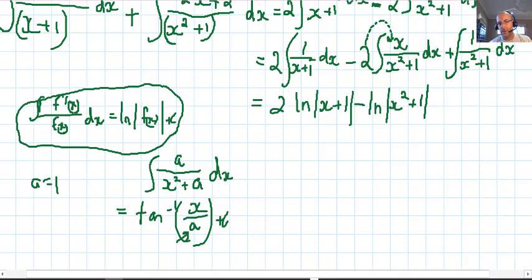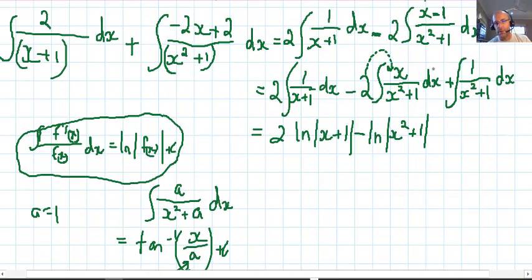now hold on, I've just missed a 2 here too. Now that's a 1 there, but remember, go back a few lines, I've just forgotten to write something down here, so I'm going to pause before it turns into a mistake. Okay, that 2 there, and we split these two terms up here. There should be a 2 here, so let me put that in. There we go, and we do not want the 2 up on the top because we want it to fit this form here where a equals 1.